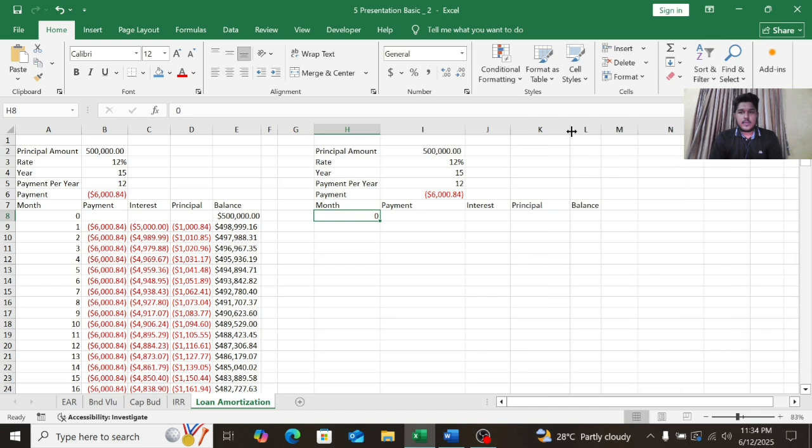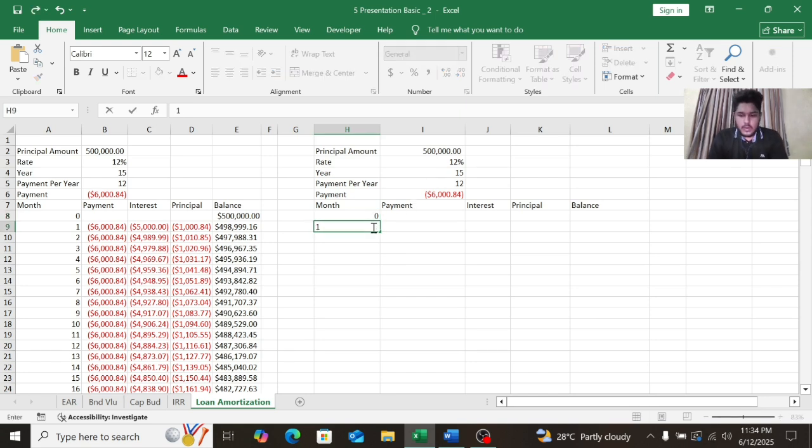A simple formula we can use: we have 15 years, and if we pay 12 payments per year, then in 15 years we need 15 into 12, 180 payments. So we are going to make 180 months. For this it's 1, 2, 3, 4.